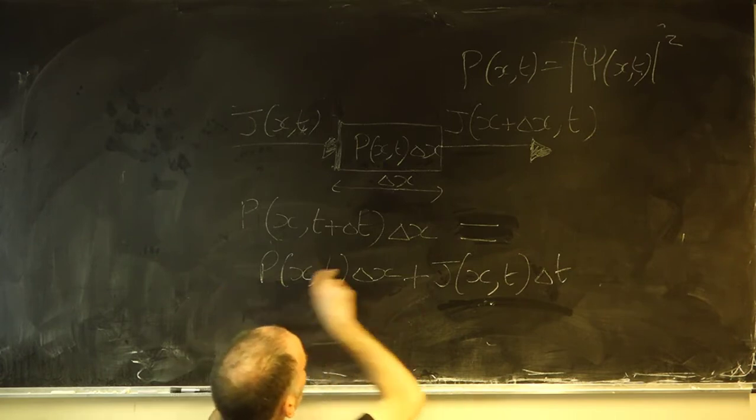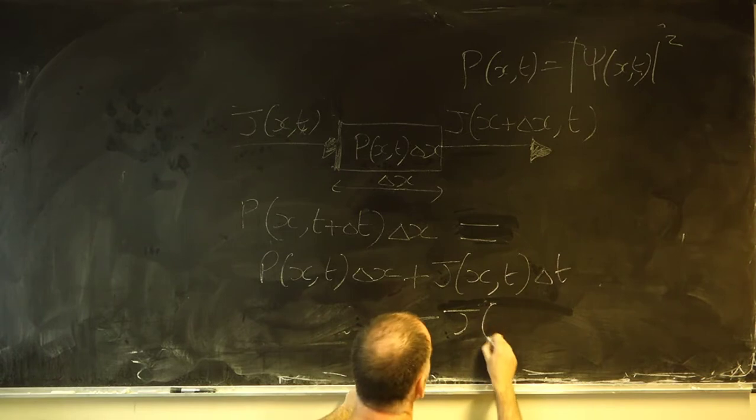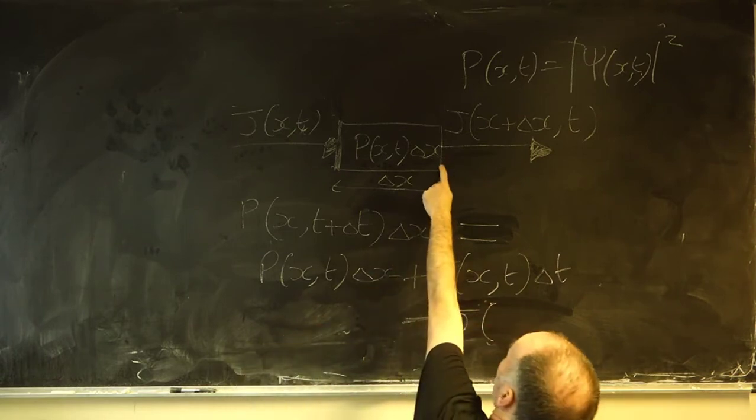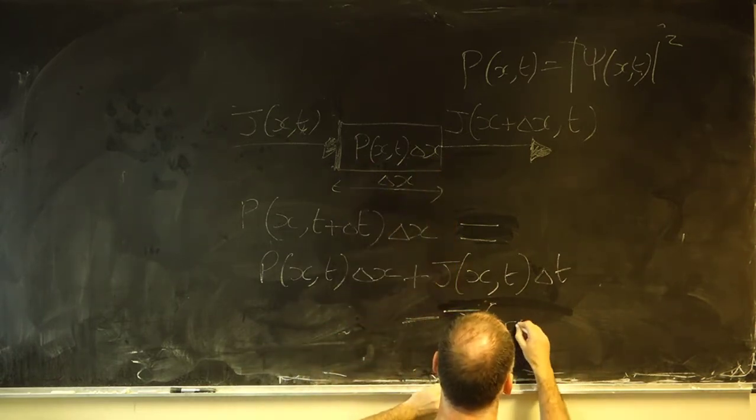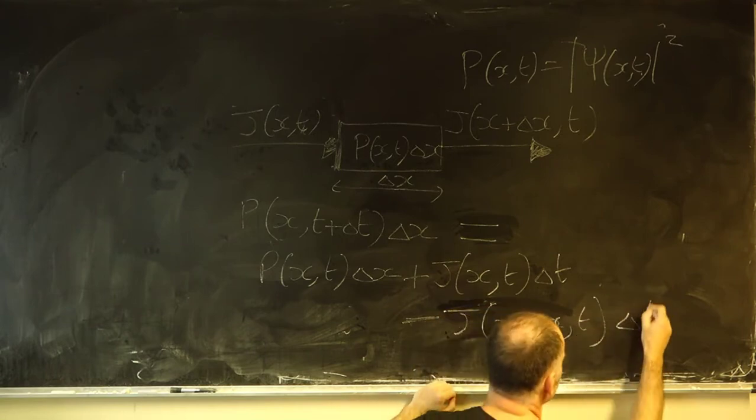And then that's coming in. Then we've also got to take the outgoing, which is going to be minus j at this point rather than this point, so that's x plus delta x, t, and again times delta t.